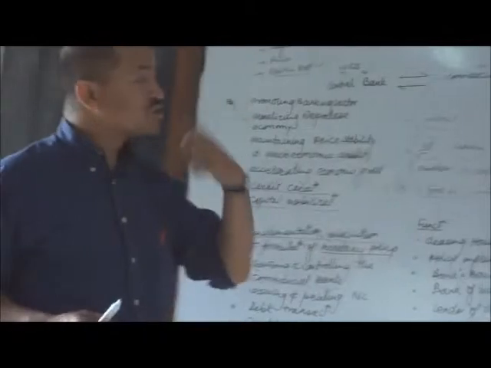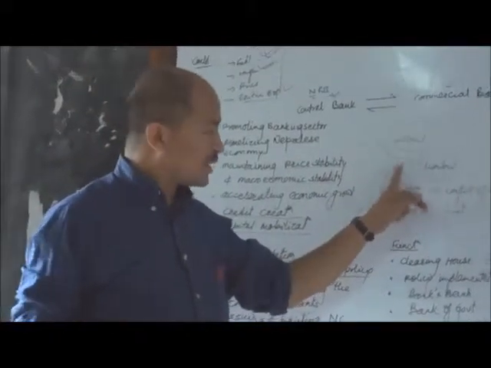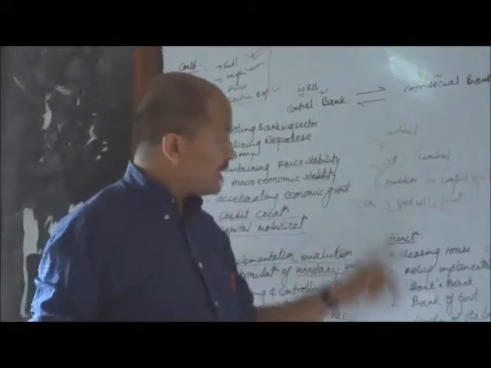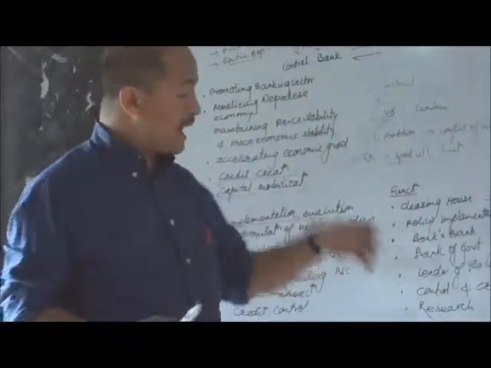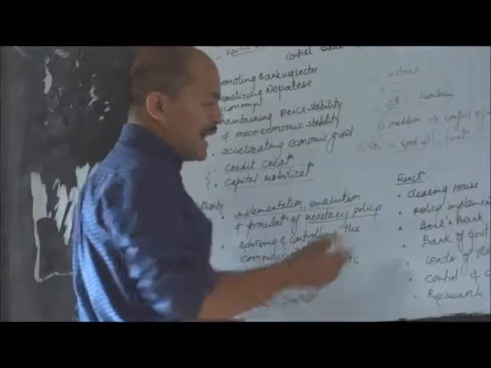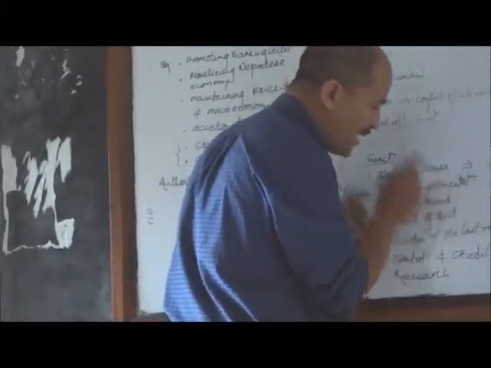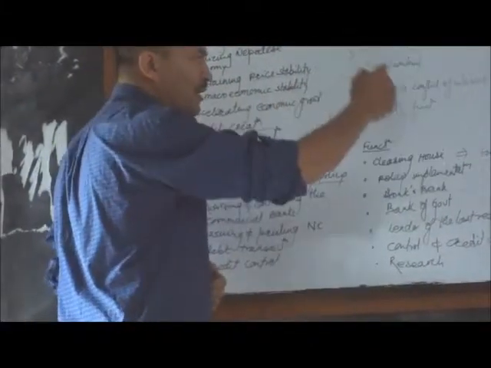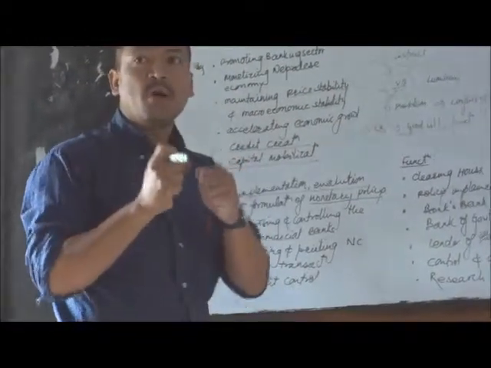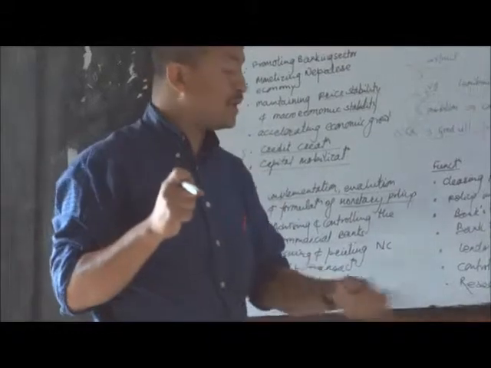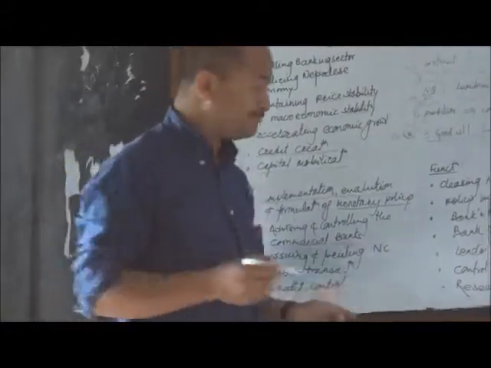If there are problems, as with Nepal Bangladesh Bank, the central bank controls it, manages it and runs its functioning for a certain time period. In this situation, we can say banker of the banks. If Nepal Bangladesh Bank collapsed, Nepal Rastra Bank provides security money to the depositors.